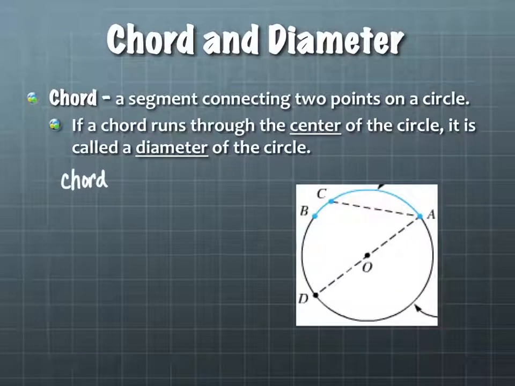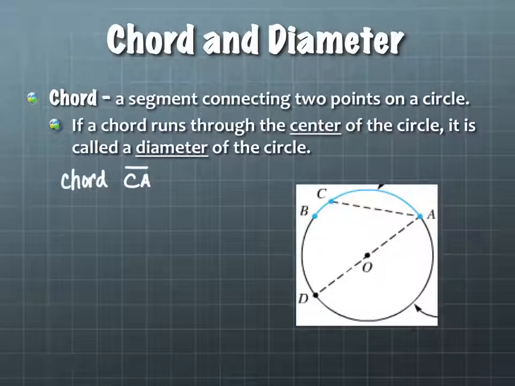Somebody said it. CA. And what should I draw on top of CA to represent the chord? A line without the arrows. Good. So a segment notation like that, right? Yeah, that's a chord. CA or AC with the segment notation on top is a chord of this circle.